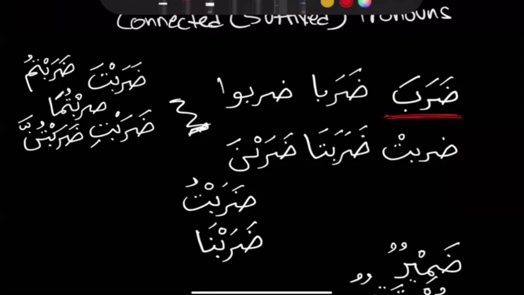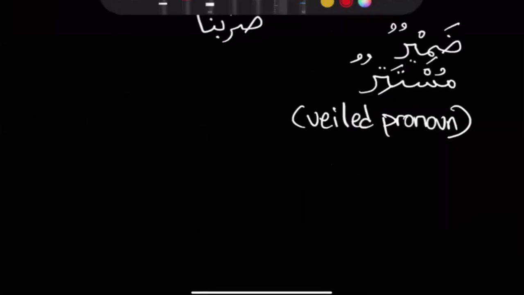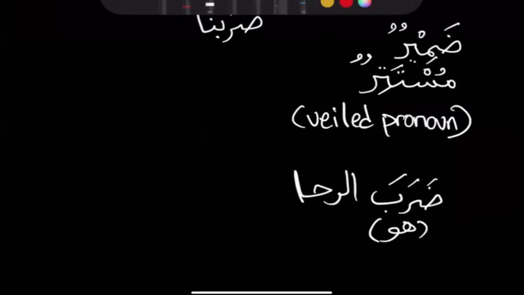Daraba al-filu, the elephant struck, etc. If we say merely daraba, it means huwa, without us saying huwa. But you can put something here. Daraba rajul. Now it doesn't mean huwa, because the noun is taking the space.